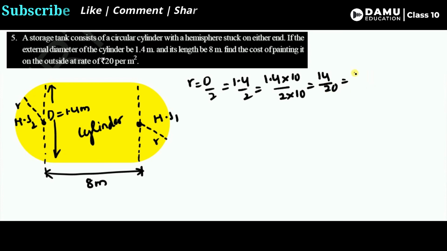What answer will we get? 0.7. So the radius will be equal to 0.7 meter, and here also the radius will be equal to 0.7 meter.